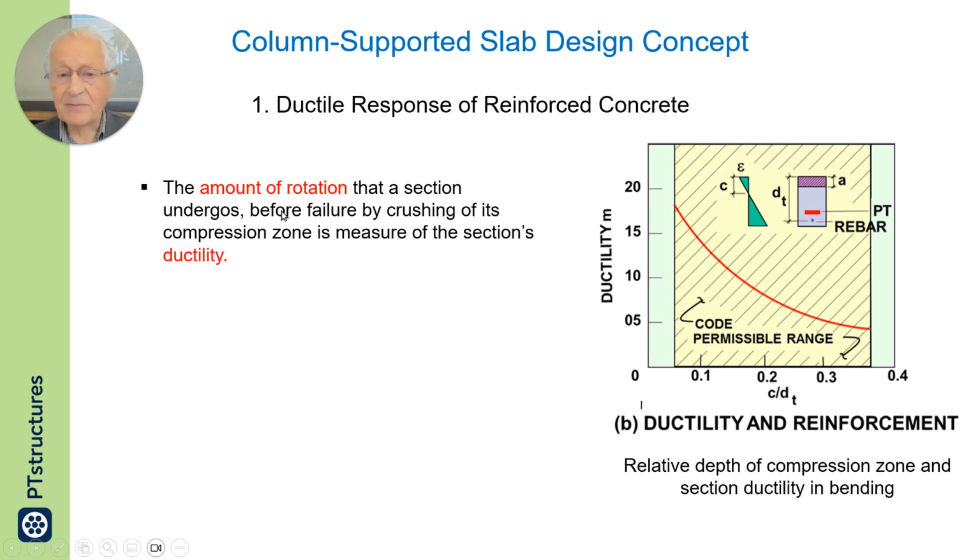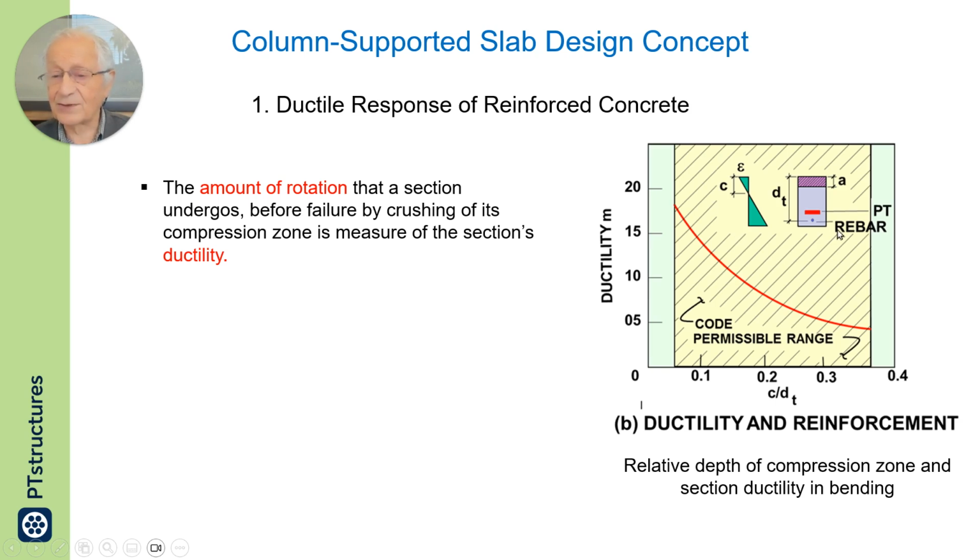Now, the amount of rotation that a section undergoes before failure by crushing of its compression zone is a measure of the section's ductility. The smaller the depth of compression zone, the more strain can result in the rebar.